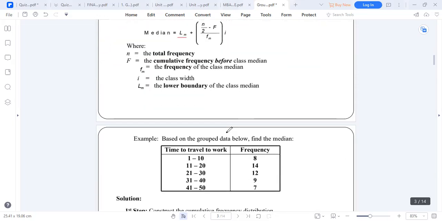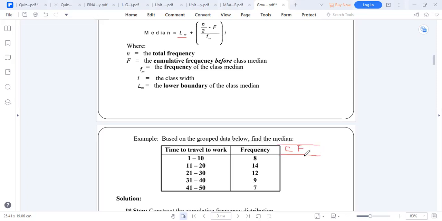So the first thing is we are going to reconstruct our frequency distribution table. So 1 to 10, 11 to 20. Can somebody remember how we find our cumulative frequency in the previous class?